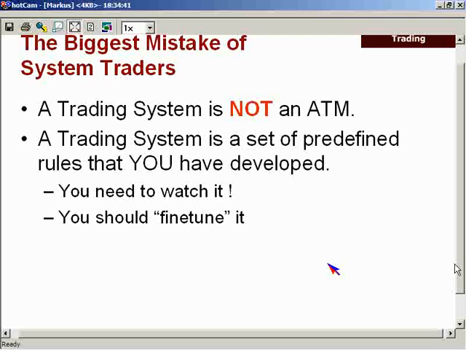A trading system is a predefined set of rules that you have developed, and even if you have automated it, we're talking about automatic trading here, you still need to watch it. Gosh, I've been talking to so many traders who have an automated trading strategy, and they just let it run all day long without supervision.